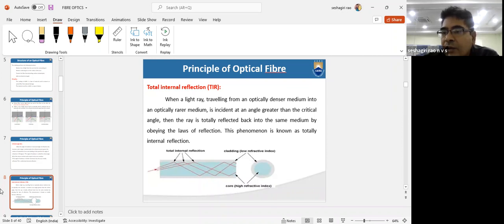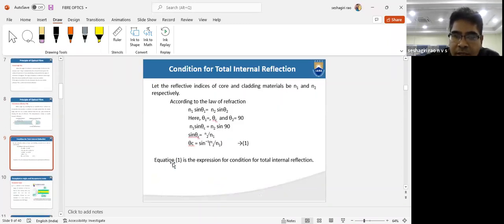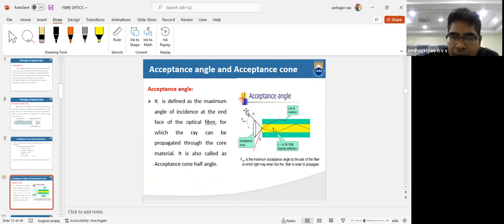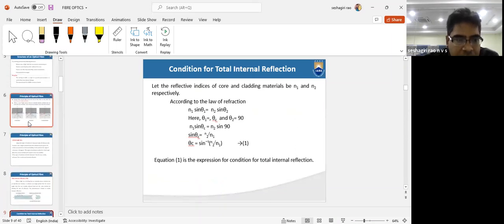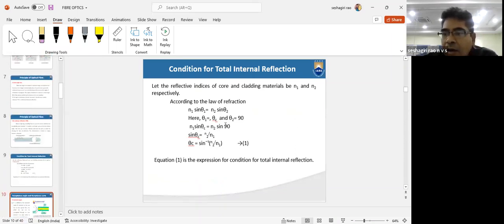That is the condition for total internal reflection. These are some of the basic parameters which you need to understand while studying an optical fiber.